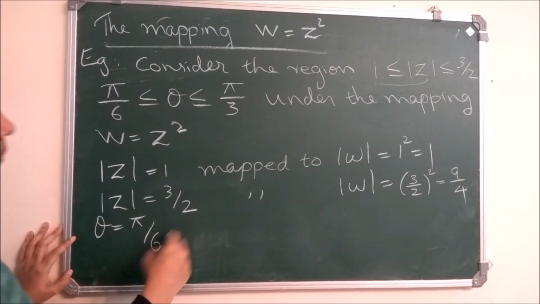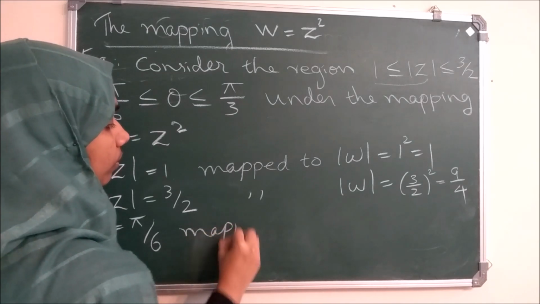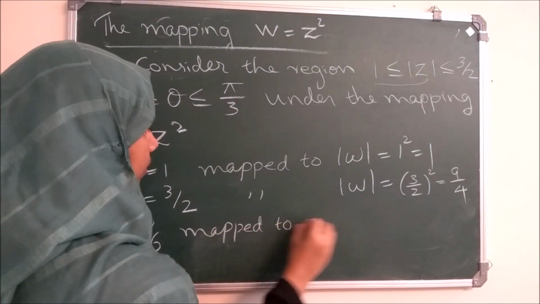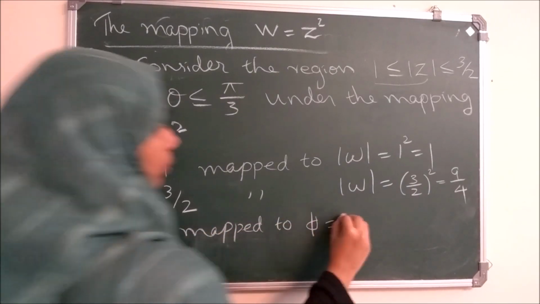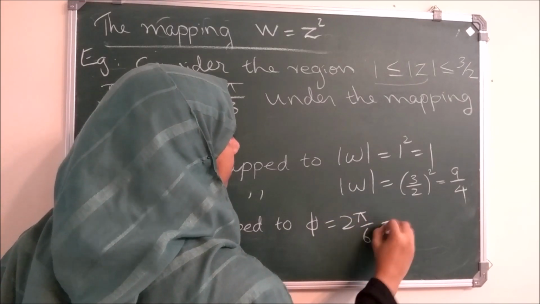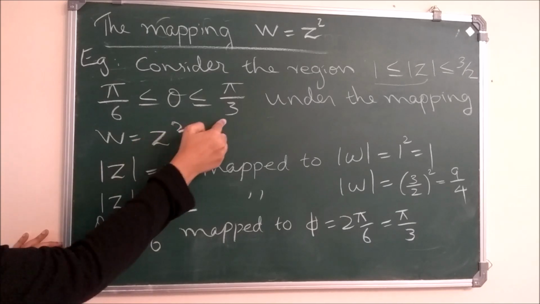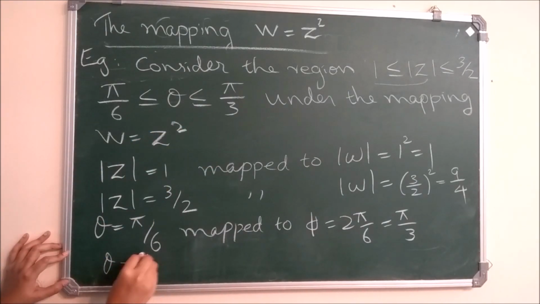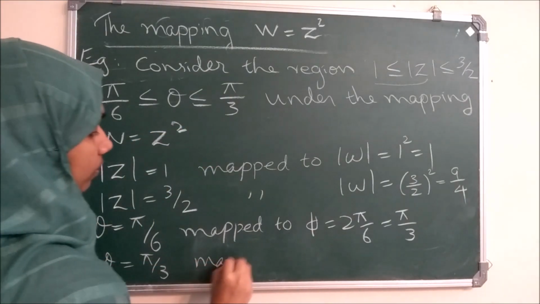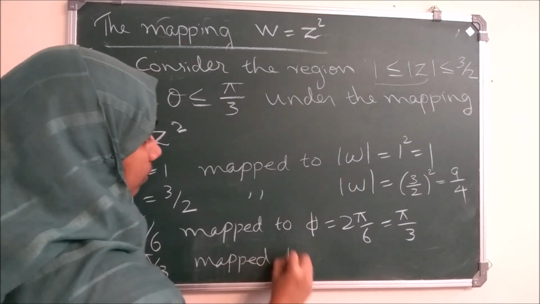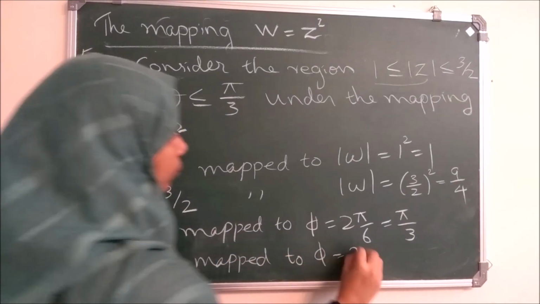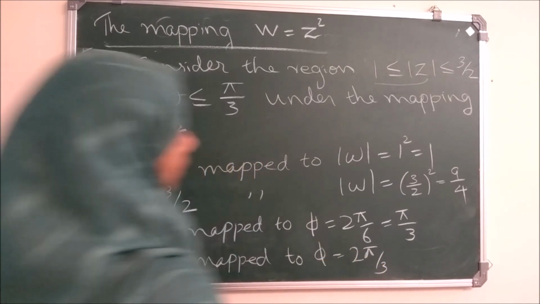So theta equal to pi by 6 is mapped to phi equal to 2 times pi by 6, that means pi by 3, and theta equal to pi by 3 will be mapped to phi equal to 2 times pi by 3.